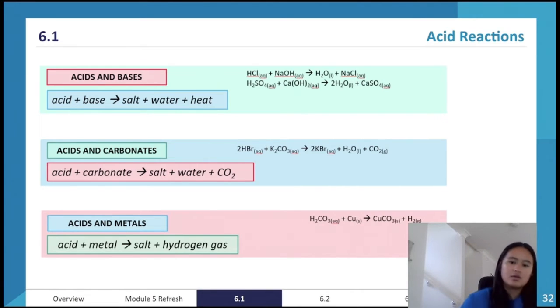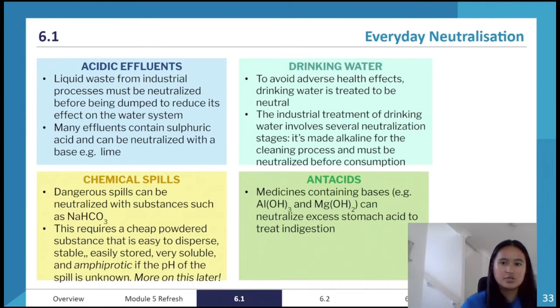But more about neutralization. You actually use neutralization quite regularly. You're just not aware of it. So drinking water is treated to be neutral. If you think about it, drinking water usually comes from a place where it's not going to be pure water straight away.